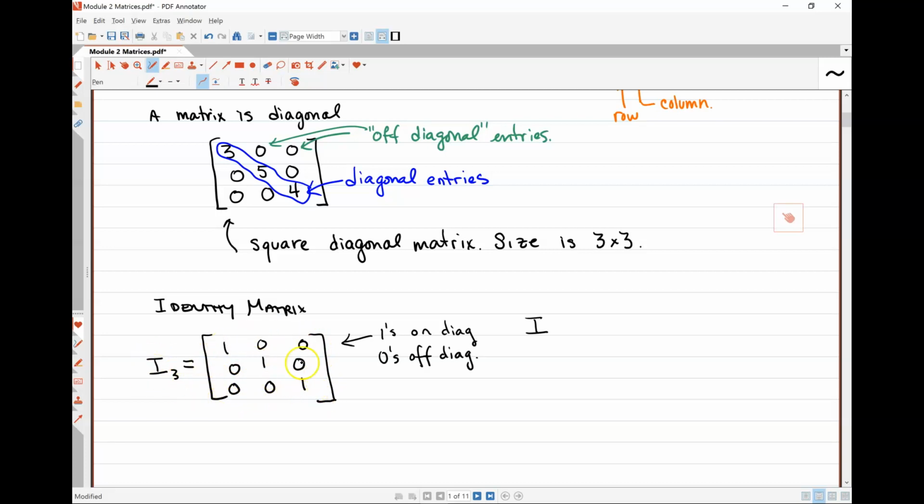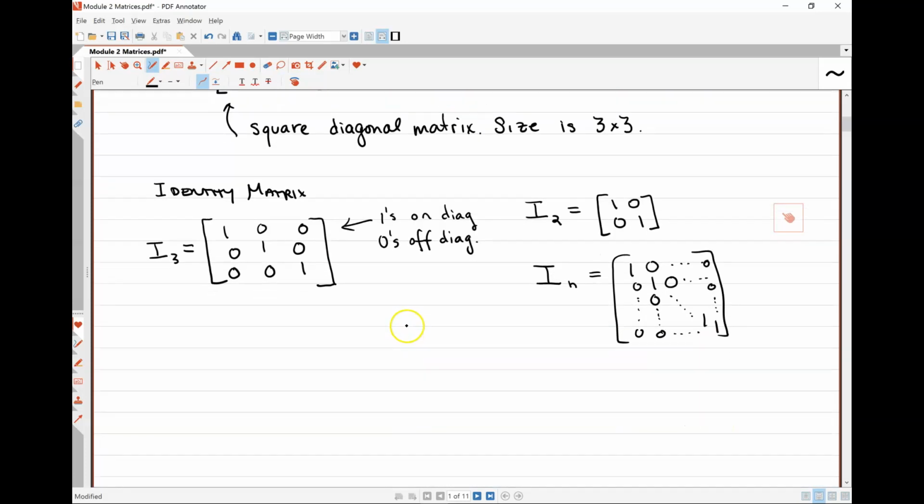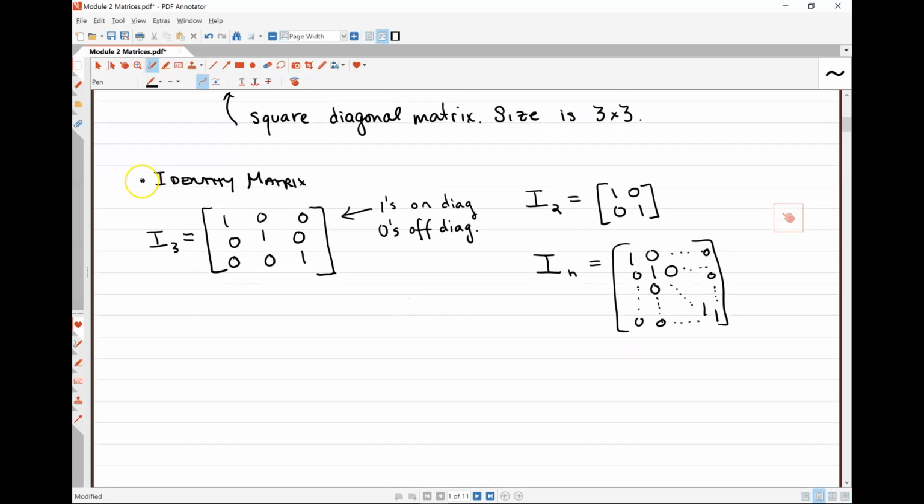It's got 1s on the diagonal and 0s everywhere else. I2 would look like this, and I n in general is going to look like, you get the idea. So that's the identity matrix. Another special matrix that comes up once in a while is the 0 matrix.